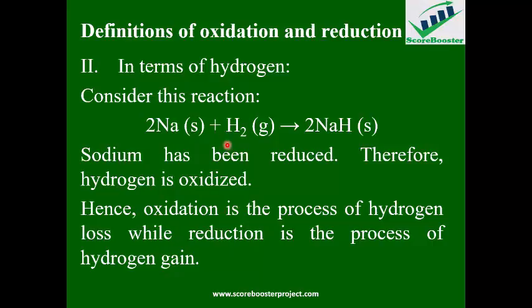Oxidation can be defined as a process of oxygen gain or loss of hydrogen. Reduction is oxygen loss or gain of hydrogen. Any substance that loses oxygen or gains hydrogen is said to have been reduced. The same thing, if any substance gains oxygen or loses hydrogen, it has been oxidized. That is what we are trying to say.